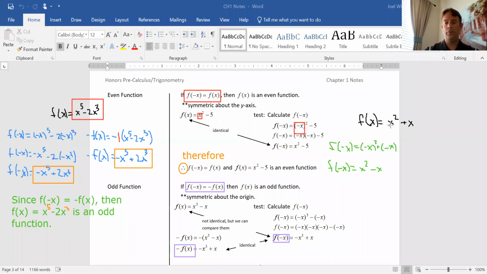So here's our original function. Here was our f of negative x function. We compare them. They're not the same. So what happens if we make it negative f of x?